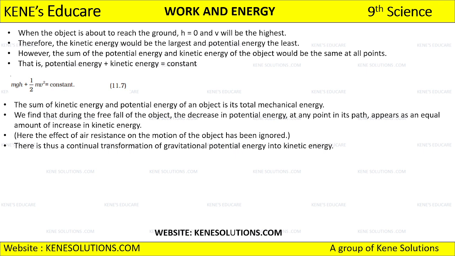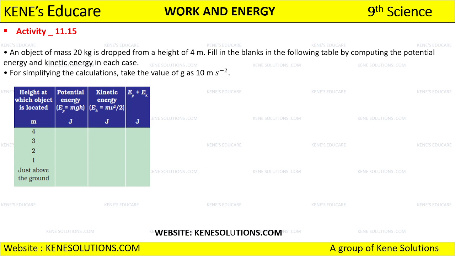What is it equal to? Kinetic plus potential. So we'll be discussing kinetic energy in detail, potential energy in detail, and then total energy, that is conservation of energy. Because at the end, conservation of energy is the total energy, which is equal to kinetic energy plus potential energy. Then we have this activity 11.5 to discuss.